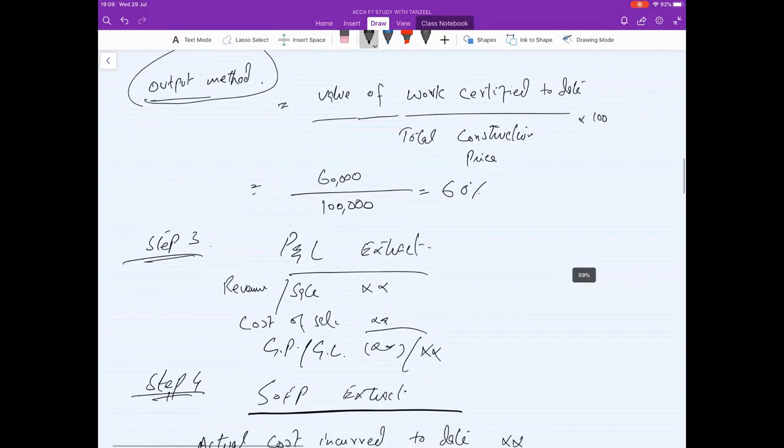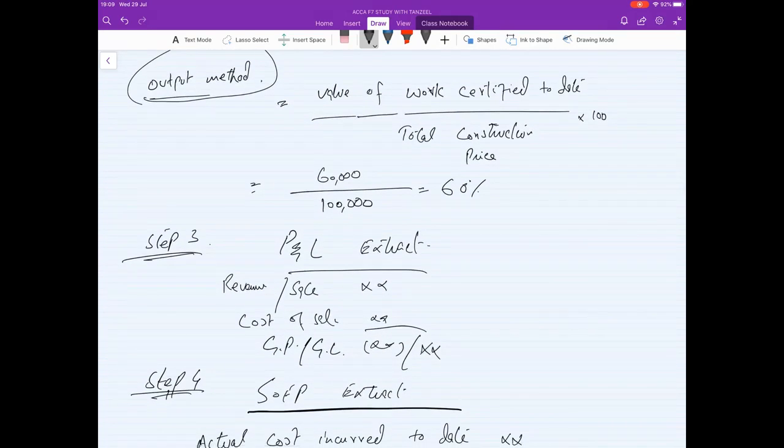And the second method is the output method. In this method, the formula is value of work certified to date divided by construction price. It means if I did a contract with you that I will build a house, and I ask you for 100,000, I will build you a house, and it is a 2-year project.